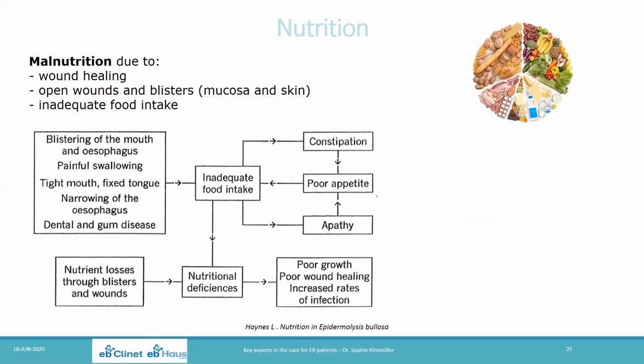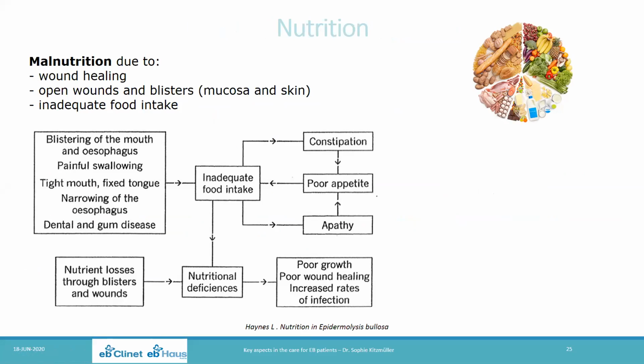The last thing I want to go to is nutrition, because it is also a very important topic in epidermolysis bullosa, because as I told you before, a good nutritional status improves wound healing. But because of this wound healing, a lot of patients have malnutrition, because wound healing is very energy consuming, and open wounds and blisters were also shown to release protein.